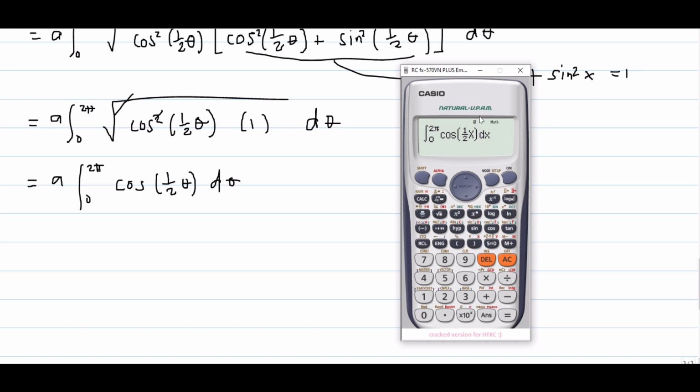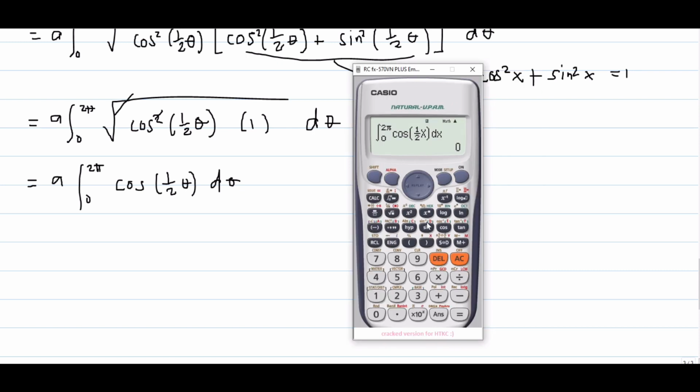So take note, our calculator is in radian mode. Equals, no? So by the way, in your calculator, the result would be equals to 0. So again, in this case, the length of curve will never be equal to 0 values.